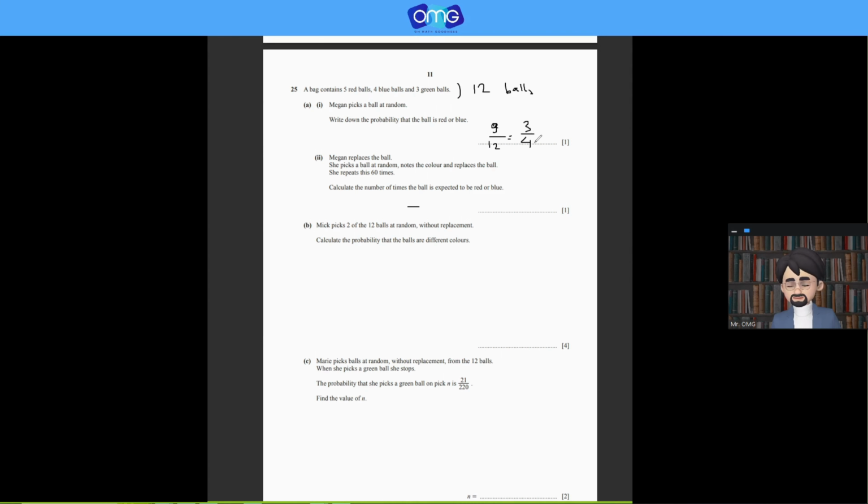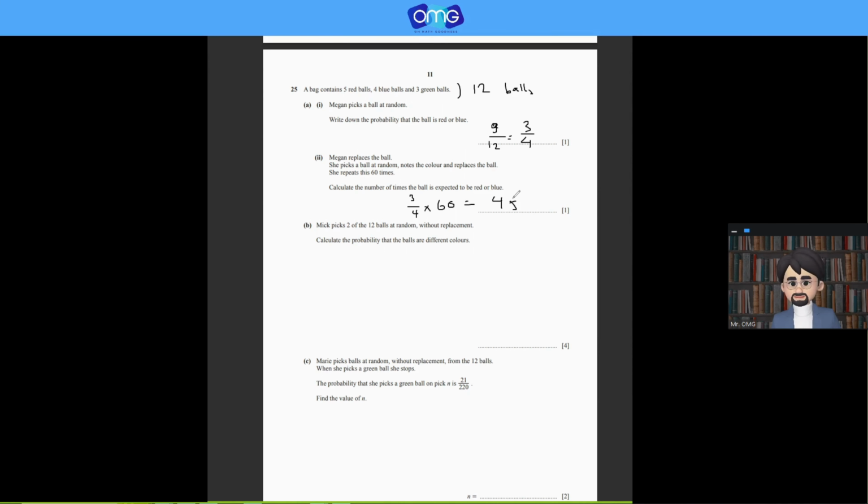The second one, Megan replaced the ball and repeats this 60 times. Calculate the number of times expected to get red or blue. So this is 3 over 4 times 60, that's simply 45 times.